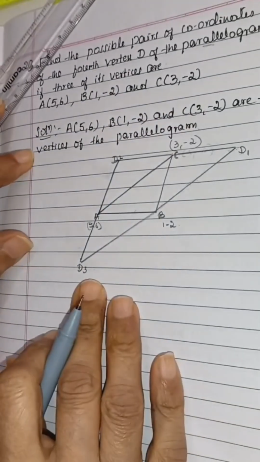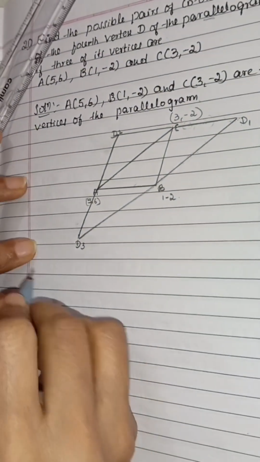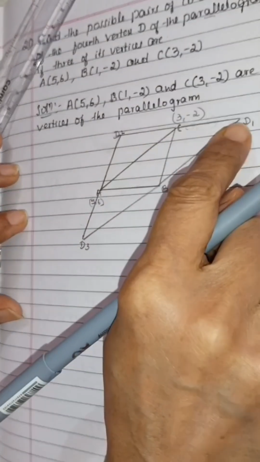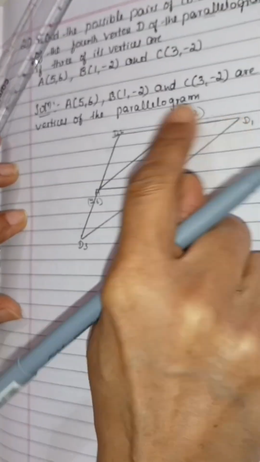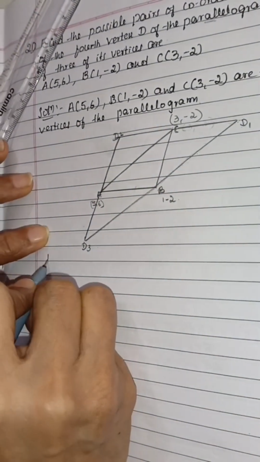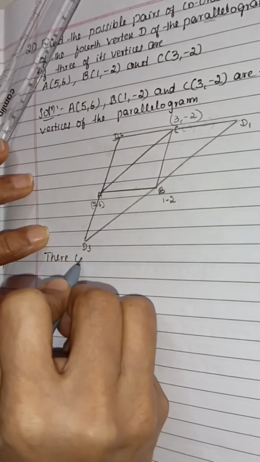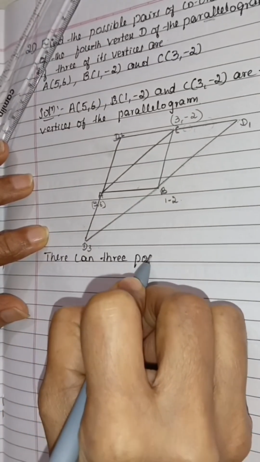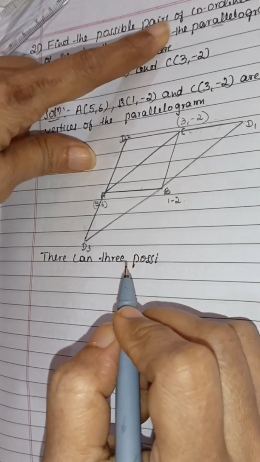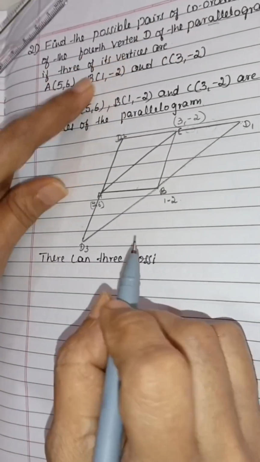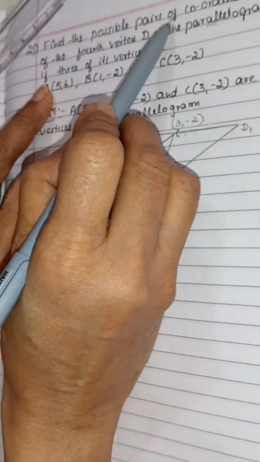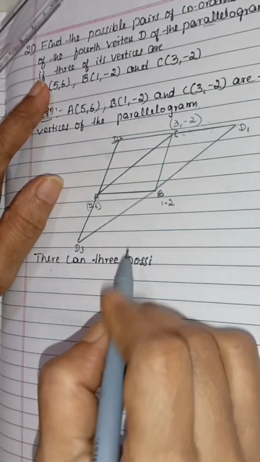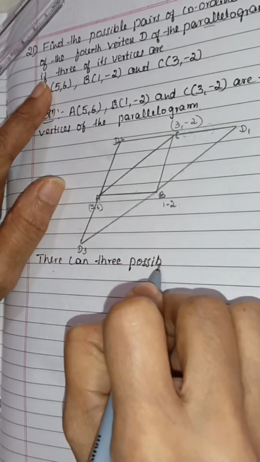Now there can be three possibilities for the location of vertex D. What is the question? Find the possible pairs of coordinates of the fourth vertex. There can be three possibilities.